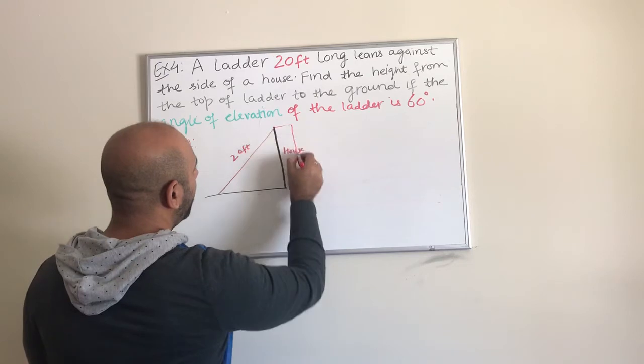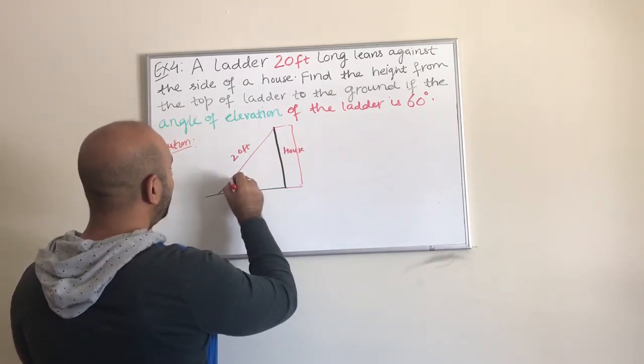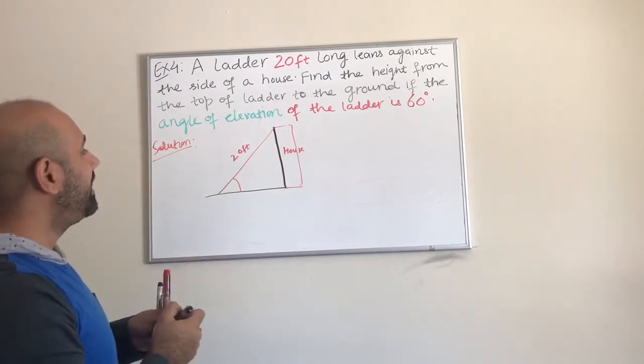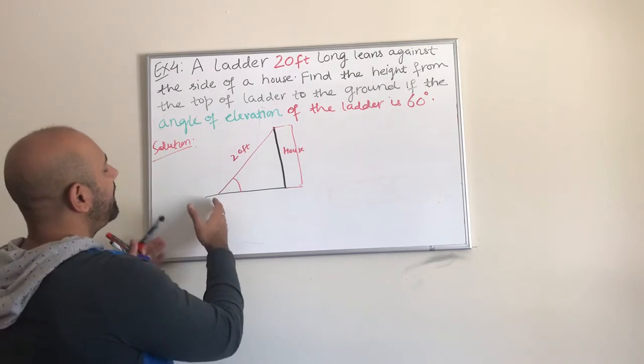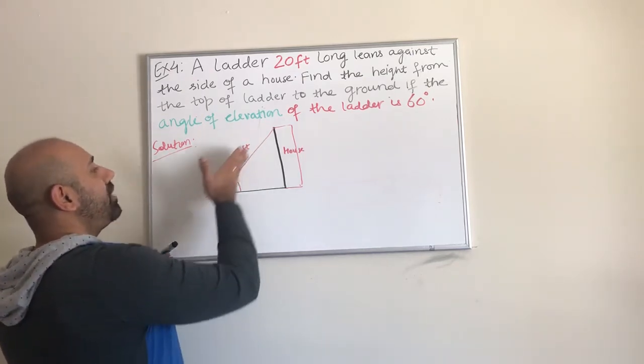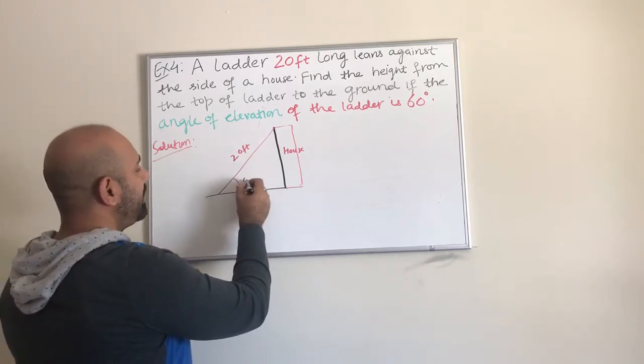This represents my house here. And then the angle that the ladder makes with the horizontal, the angle of elevation, is 60 degrees. It is like if somebody is right here, and you can think of this as the line of sight, then the angle that the ladder makes with the horizontal is 60 degrees.